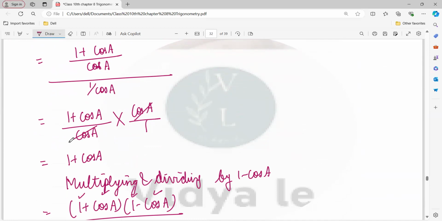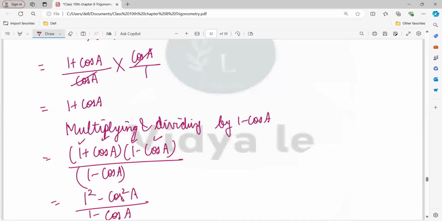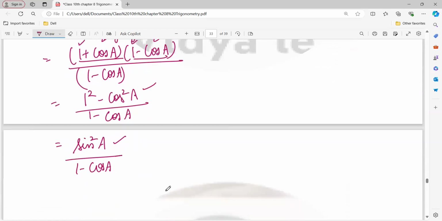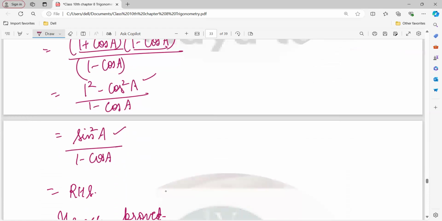So to get 1 minus cos A in the denominator, we have multiplied and divided the term by 1 minus cos A. So we got this part. Now A plus B into A minus B is A square minus B square. Now 1 minus cos square A is sine square A upon 1 minus cos A, which is equal to the right hand side. Hence proved. I hope it is clear to everyone.